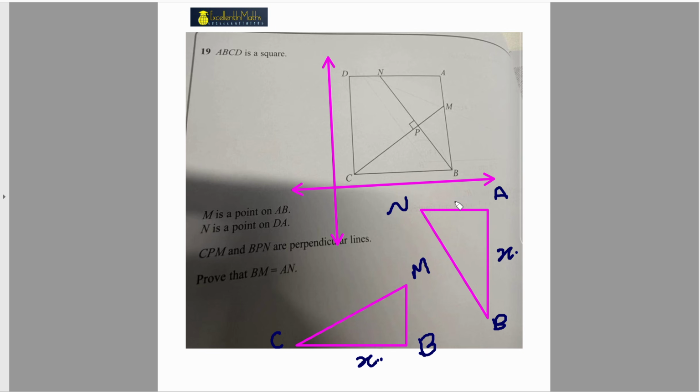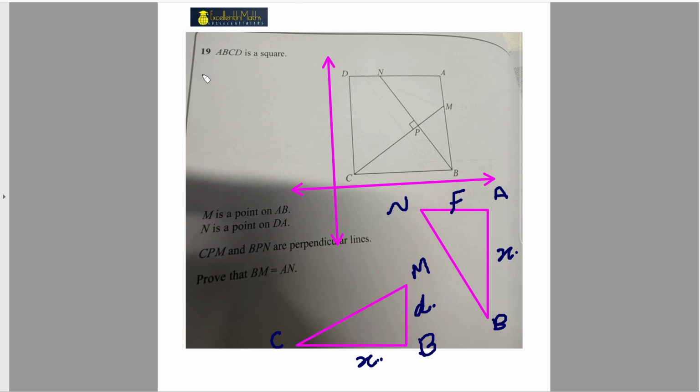So let's call this one f, for example. Let us call this one d, for example. Now I need to find the gradient of this one. The gradient of this one is the vertical one divided by the horizontal one.